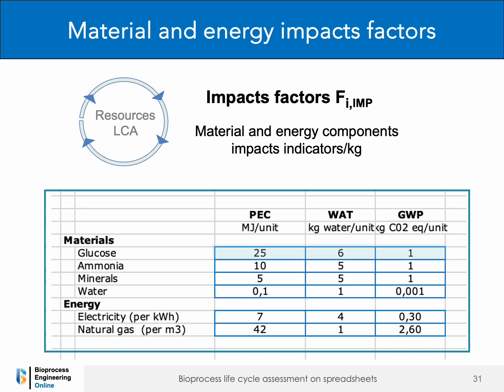For example, per kilogram of glucose, the impact factors are approximately 25 megajoules for PEC, 6 kilograms water for Watt, and 1 kilogram carbon dioxide for GWP. And per kilowatt-hour electricity, the average European impact factors are 7 megajoules for PEC, 4 kilograms water for Watt, and 0.23 kilograms CO2 for GWP.